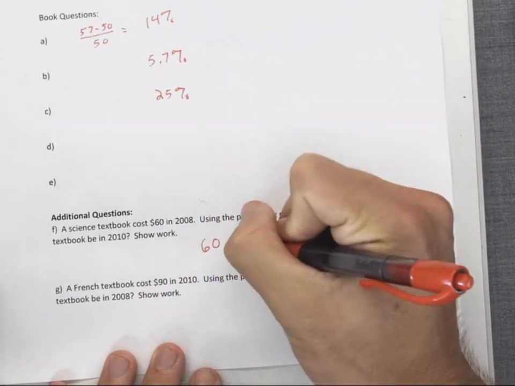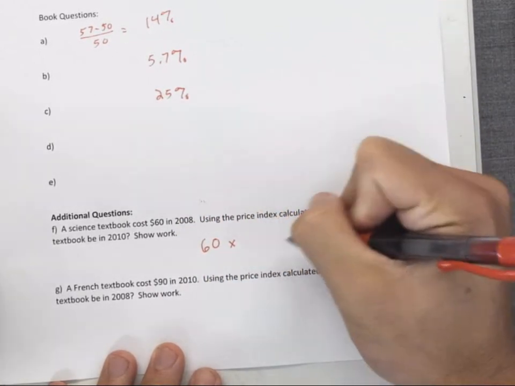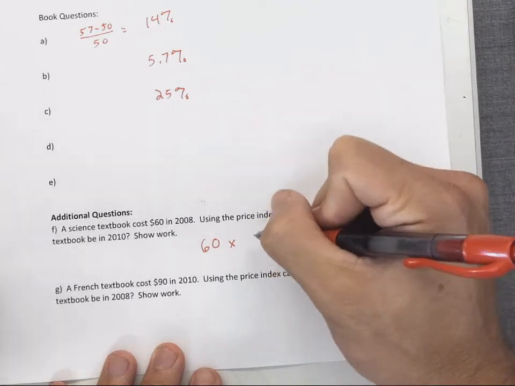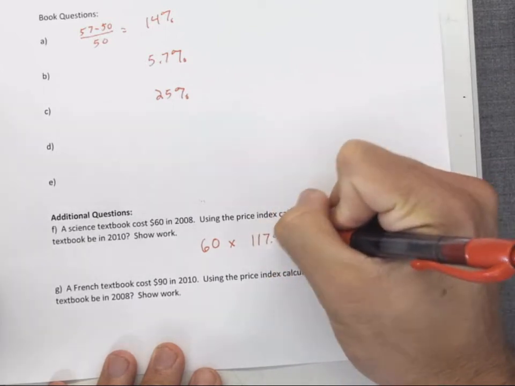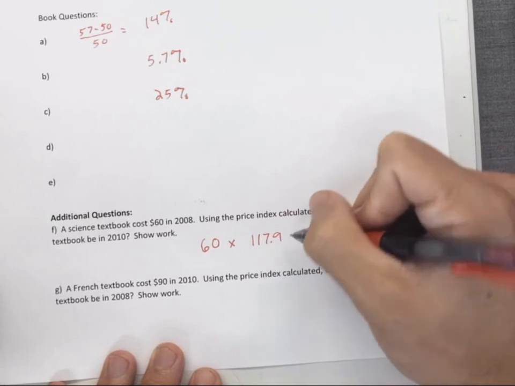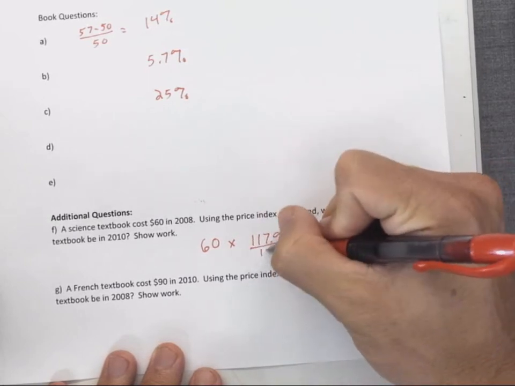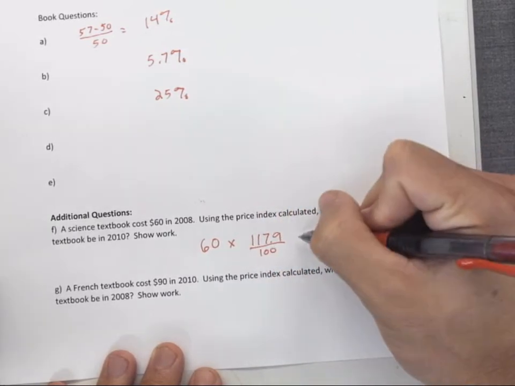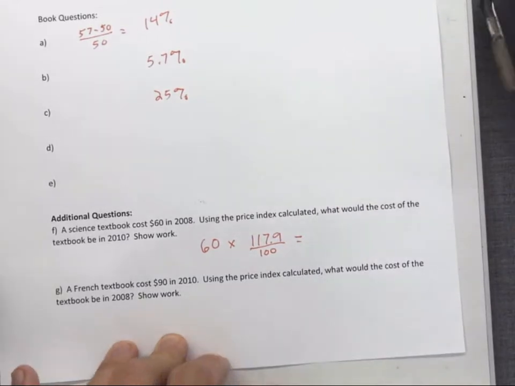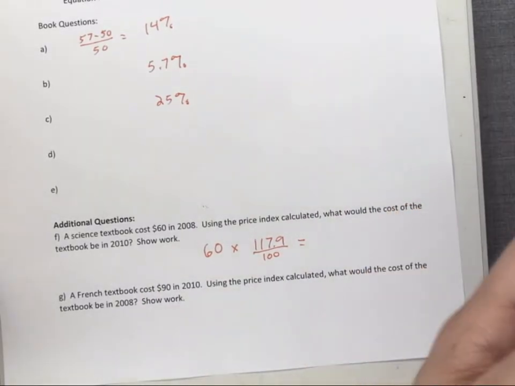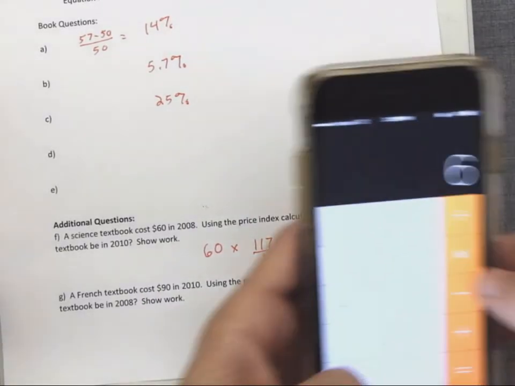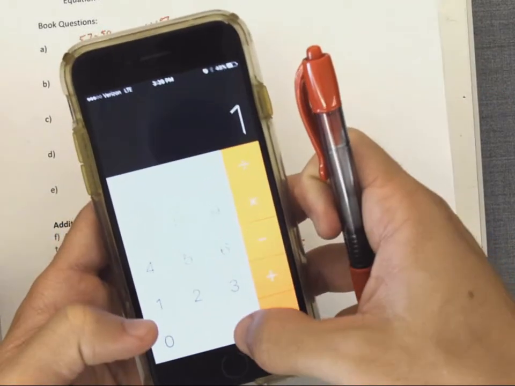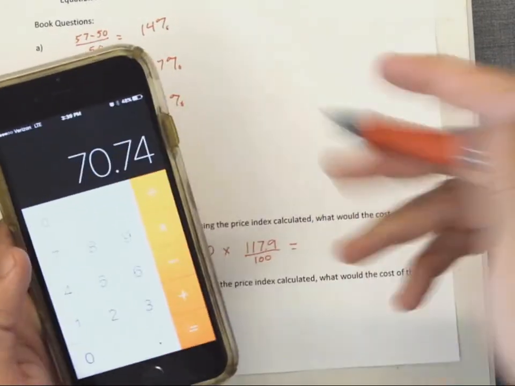It would be 60 times the 2010 price index, which is 117.9. We're going to convert that to a decimal, so we're going to divide it by 100. So that answer would be 60 times 1.179 or 70.74.